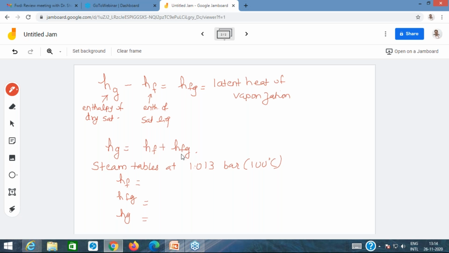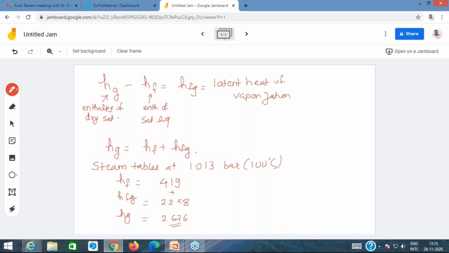Okay, Kunal has given me some answer. Pranav has given me some answer. So you can figure it out that about 419 is this value, about 2258 is this value, and if I add these two, okay, if you add this, maybe you will get around 2676 or 2677, whatever.